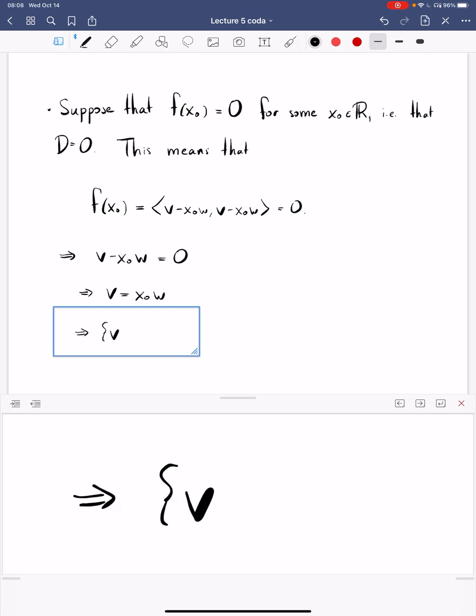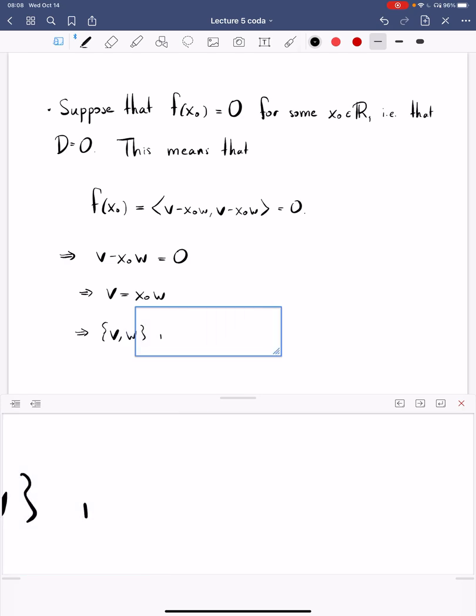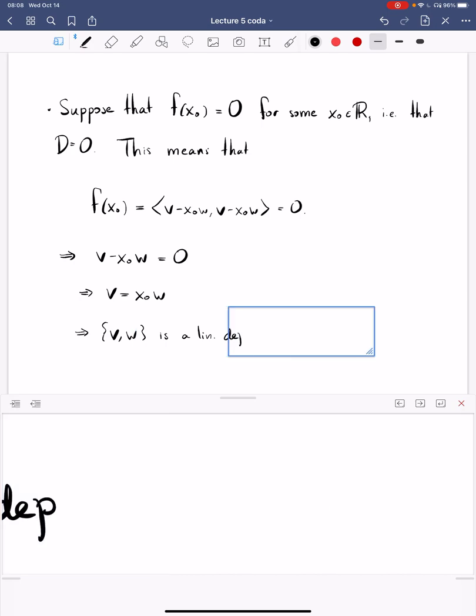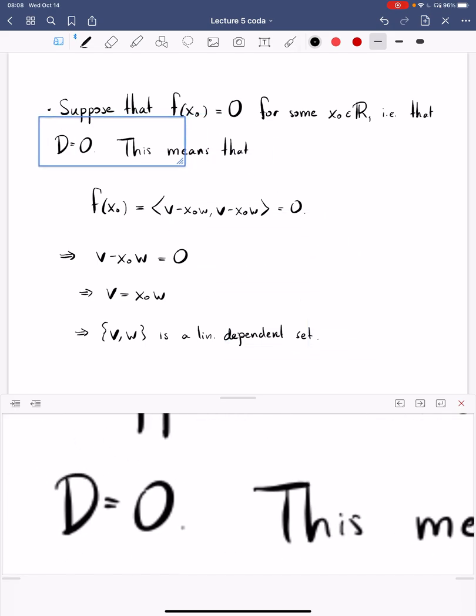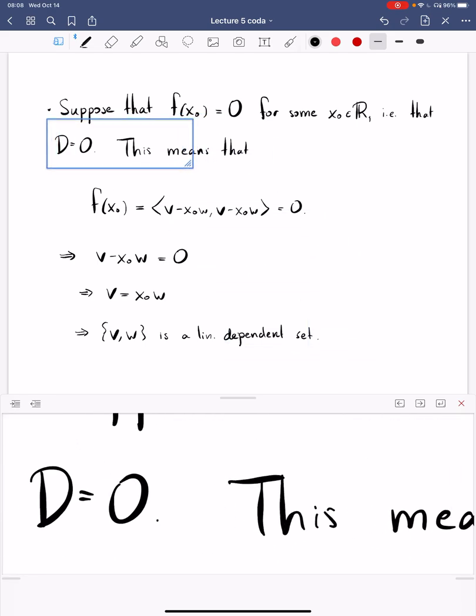So v, w is a linearly dependent set. Okay, and in this case, equality does hold in the Cauchy-Schwarz inequality.